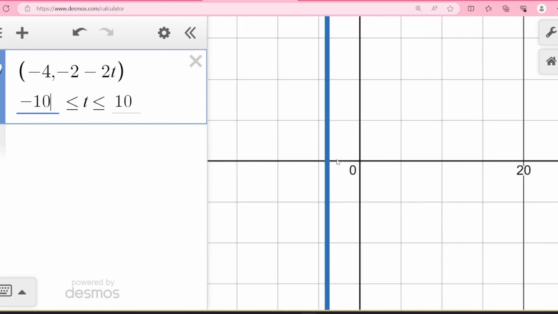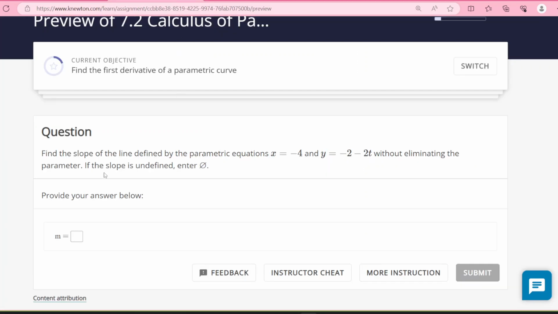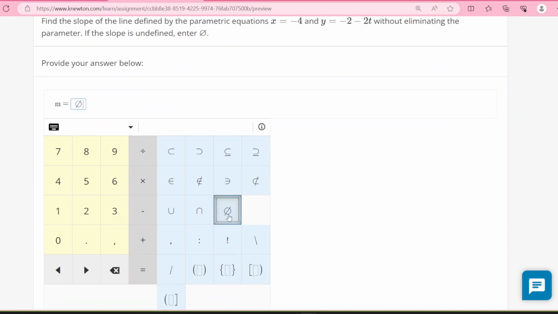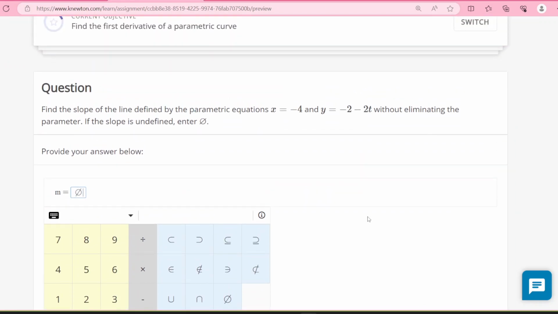We get a vertical line. And remember, vertical lines have undefined slope, or I guess you could say infinite slope, but the slope is undefined. So back here, they said if the slope is undefined, enter this circle with the slash through it, this empty set symbol. So that's what I'm going to do here.